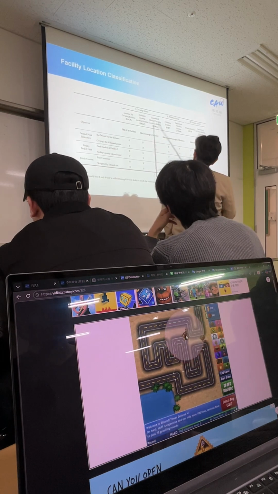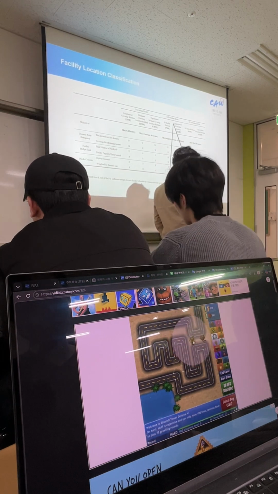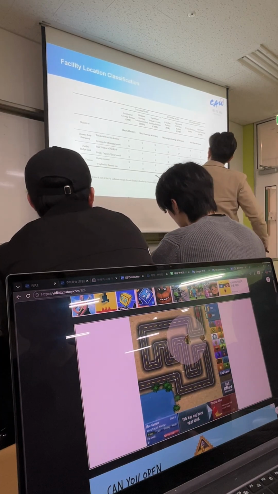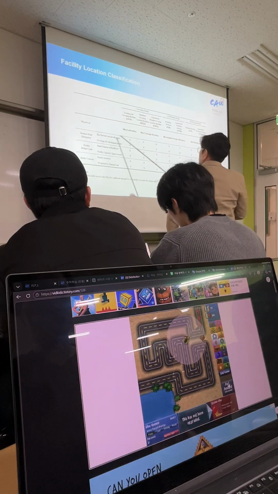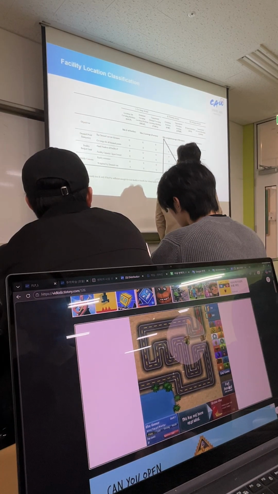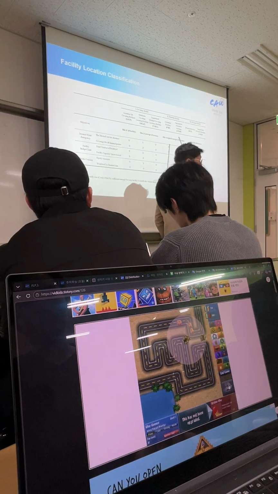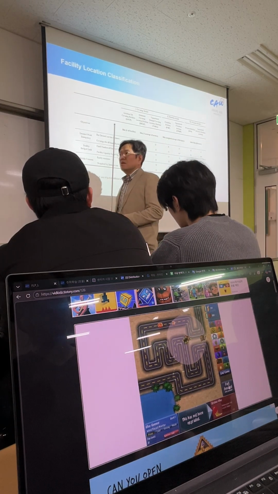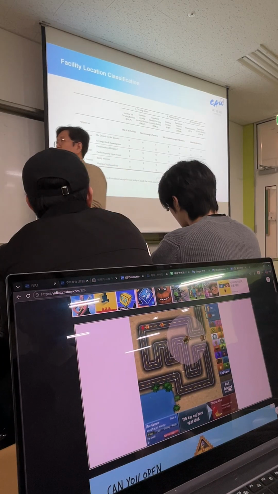And another, so that is the covering model. And then let's move to the P-median model. P-median model is telling you that different objective function. So objective function here is to minimize the weighted average of distance. This is also what we call as a center of the gravity model.